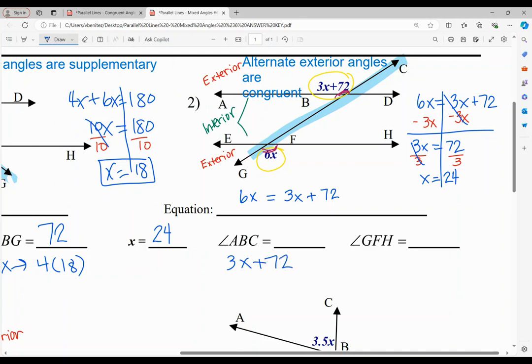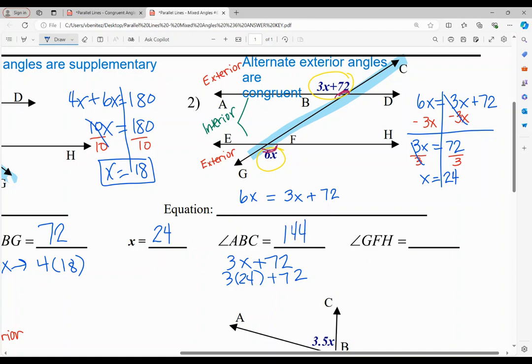So I'm going to substitute in the 24 for x, so 3 times 24, and then we add the 72. Let's see what we get. We have 3 times the 24 plus the 72. We get 144.